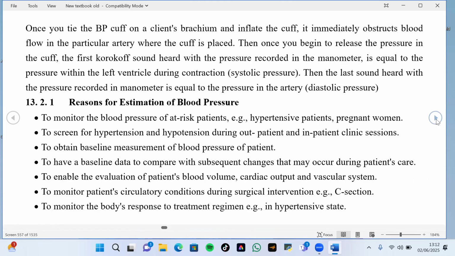So once you tie the blood pressure cuff on the client's arm and you inflate the cuff, it immediately obstructs blood flow in that particular artery where you tied the cuff. Then once you begin to release the pressure in the cuff, the sounds are heard with the pressure being recorded.